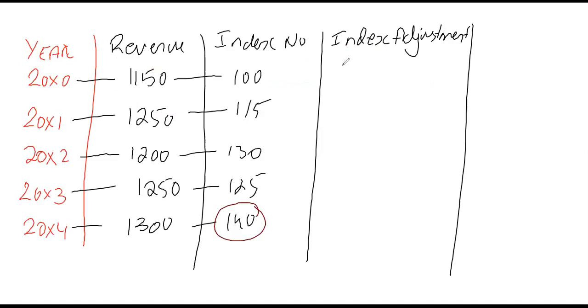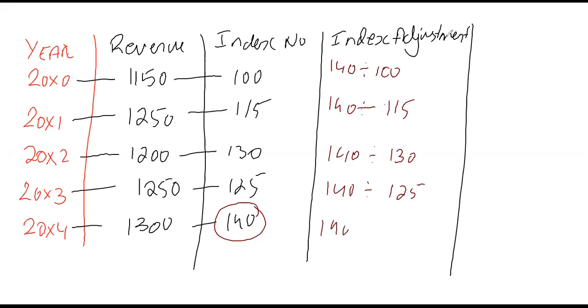I'm calculating this on the basis of the current figure because this is the most prominent index number that we can utilize to find the adjusted revenue. So 140 divided by 100, then 140 divided by 115, 140 divided by 130, 140 divided by 125, and 140 divided by 140.